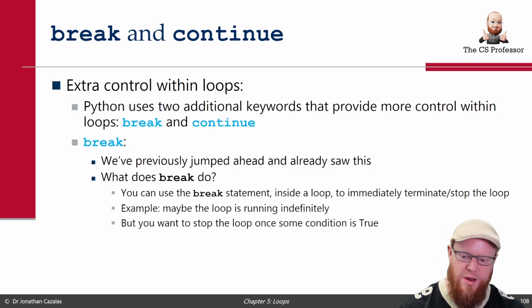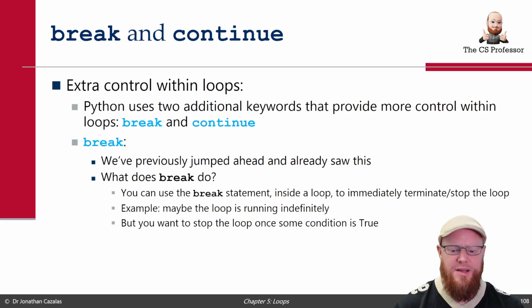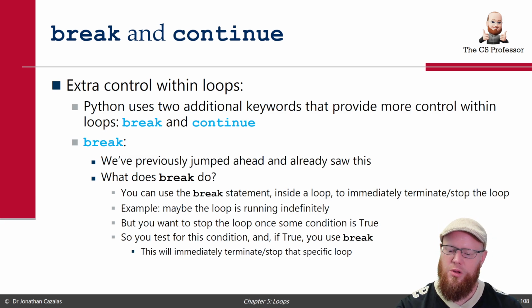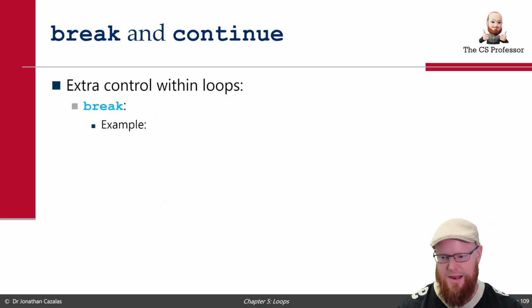So maybe the loop is running indefinitely and you want to have some condition that you're checking to determine if you should exit the loop. If that condition is true, you type break and the loop will terminate immediately.